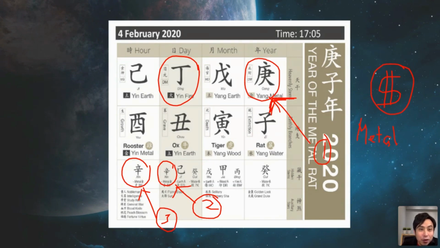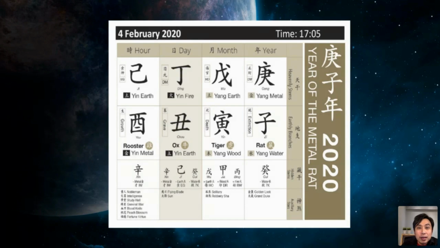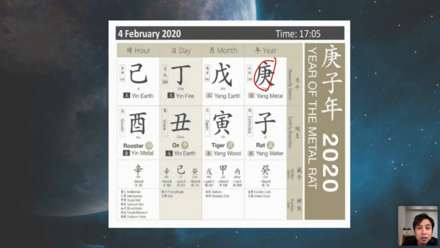So therefore, when we look at this chart here, let me clear this. Hold on, let me just write this. So since there are 3 elements, 1, 2, 3 wealth element, don't you think that this one might not be the one we want?